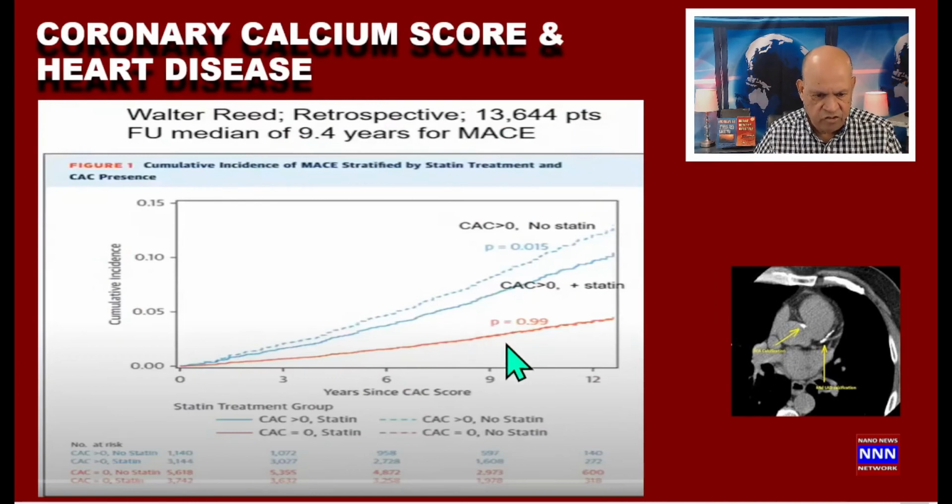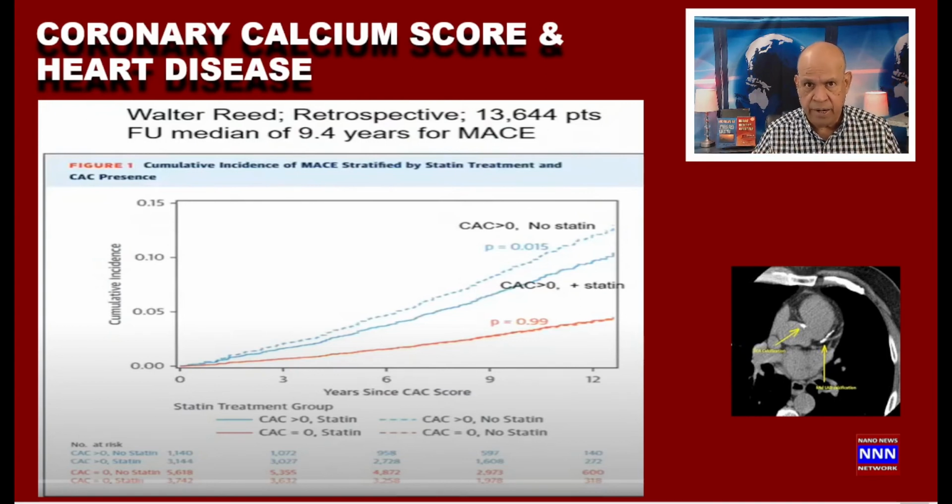And here is a study which showed that if the calcium score is 0, then whether you give them statins or not, there was no difference in the outcomes. So you have to understand, you just can't throw aspirin and statins on everybody because they do have side effects.